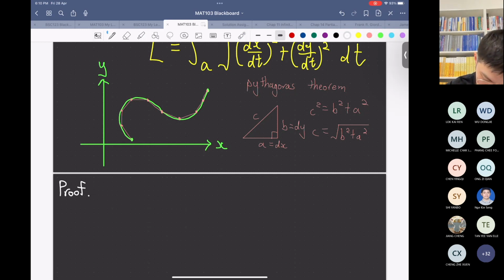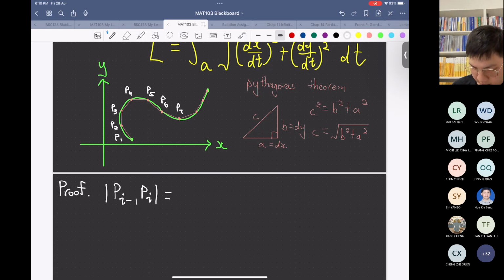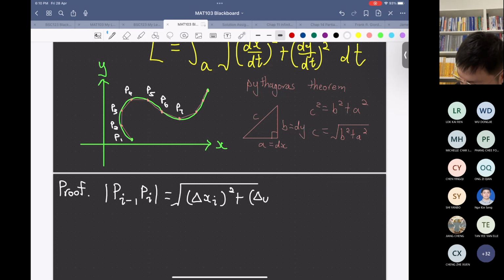Let's say we label these points as P1, P2, P3, P4, P5, P6, and so on. We can see that the distance between P(i-1) and P(i) is the square root of the change in x squared plus the change in y squared.